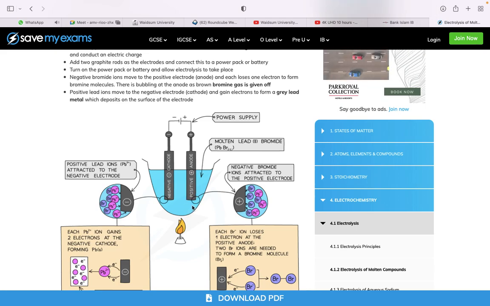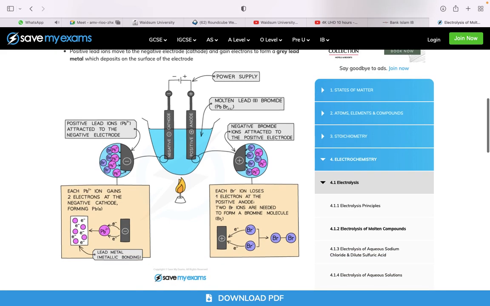Lead ion is positive, so it will migrate to the negative electrode, and the bromine ion, which is negative, will migrate to the positive electrode. So you can see from here, each bromine ion loses one electron at the positive anode.